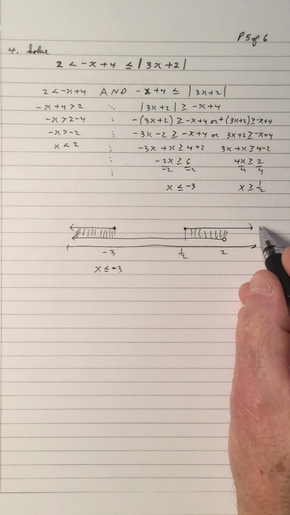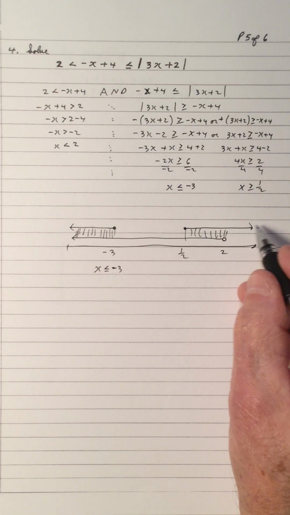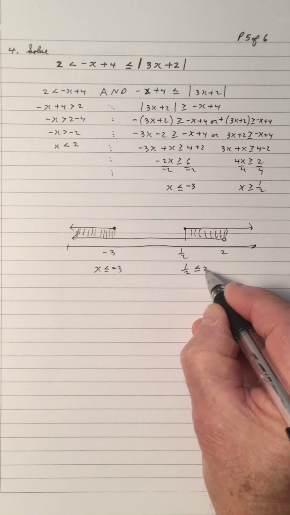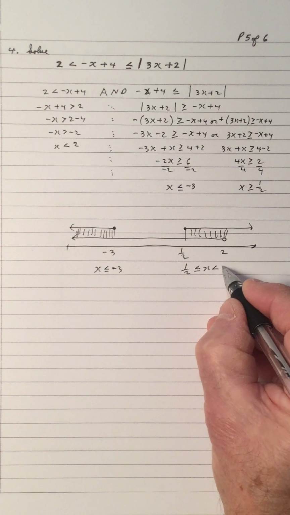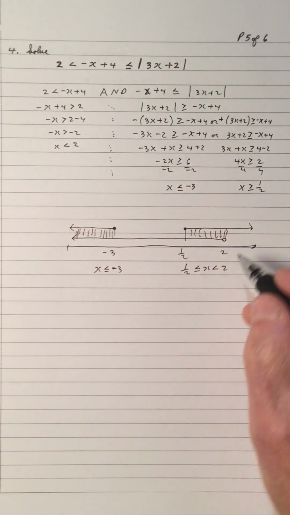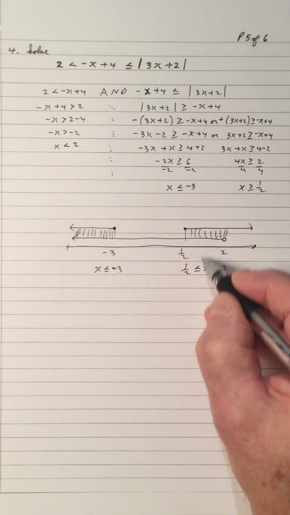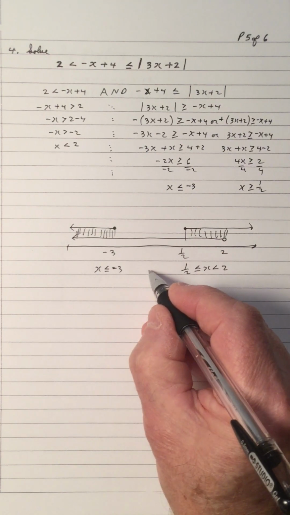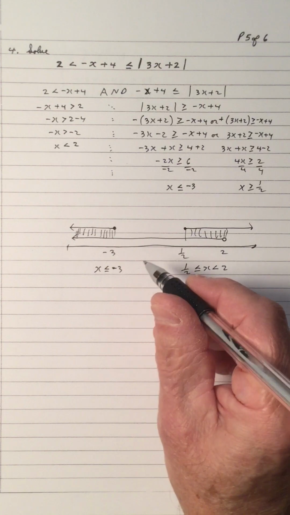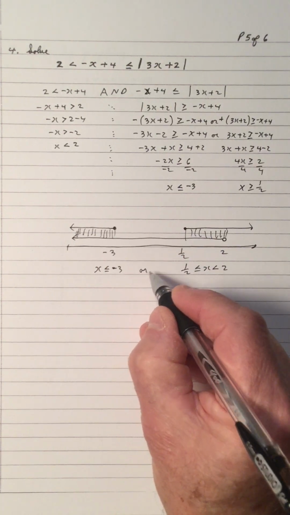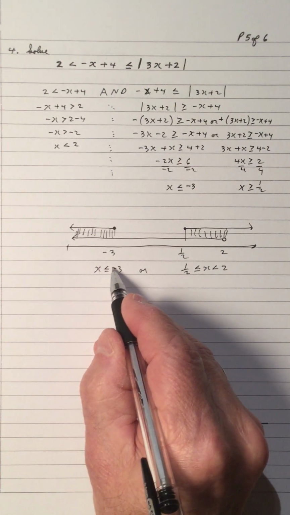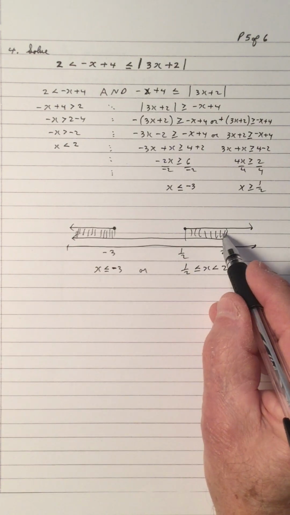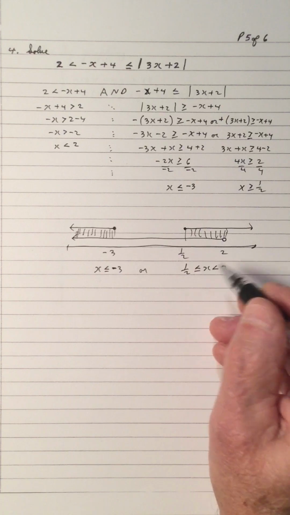And this one, right here, is 1/2 less than or equal to x less than 2. You can't have 2. 2 is hollow. This is solid. So you're going to have equal to 1/2, not equal to 2. And this is the intersection. So the solution is these numbers to the left of negative 3 and negative 3, and between 1/2 and 2, including the 1/2.